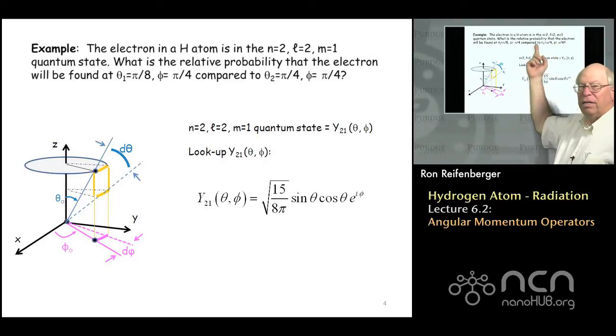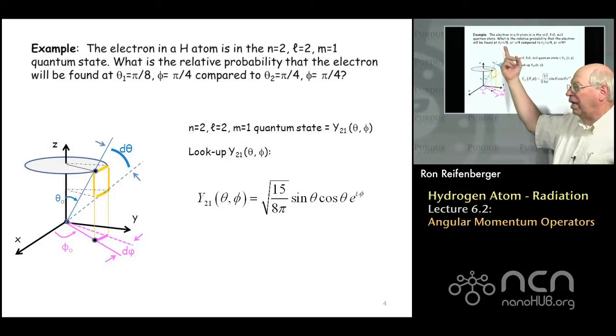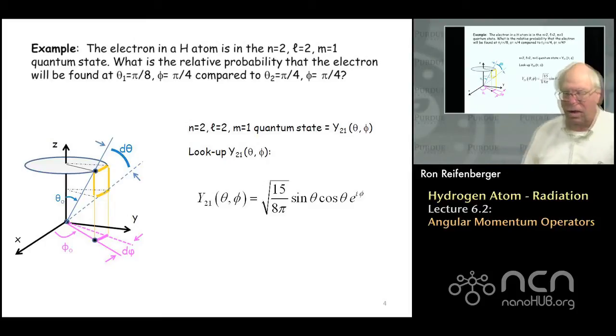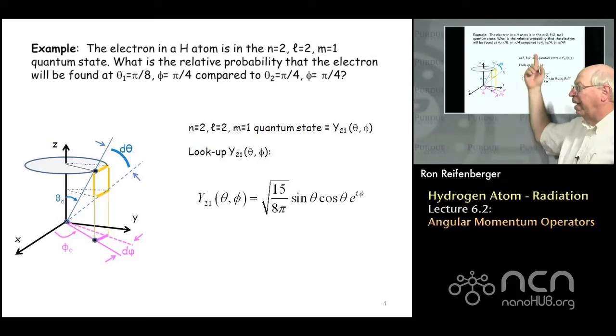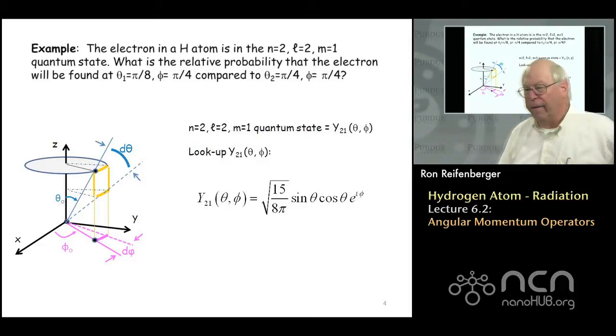So in this case, I just keep the azimuthal angle phi the same, pi by 4. I just change the angle theta from the z-axis, right? And I'm just trying to find out where the electron is most likely to be found in a particular plane specified by phi equals pi by 4 at two particular values for the angle theta.